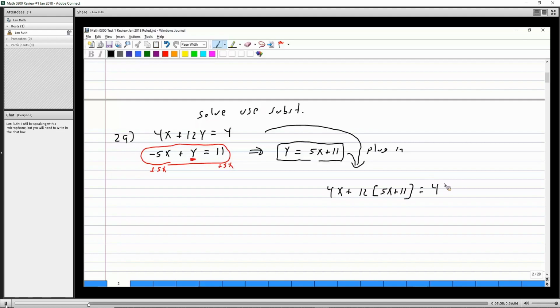And then we're down to just one letter, so it's a lot easier to do. We'll distribute, and then if necessary, collect terms, etc. So distribute, you have 4x plus 12 times 5 is 60, so that's 60x. And then 12 times 11 is 132.